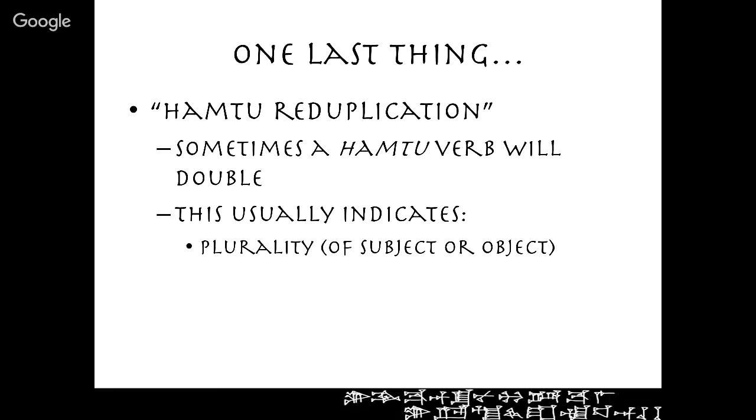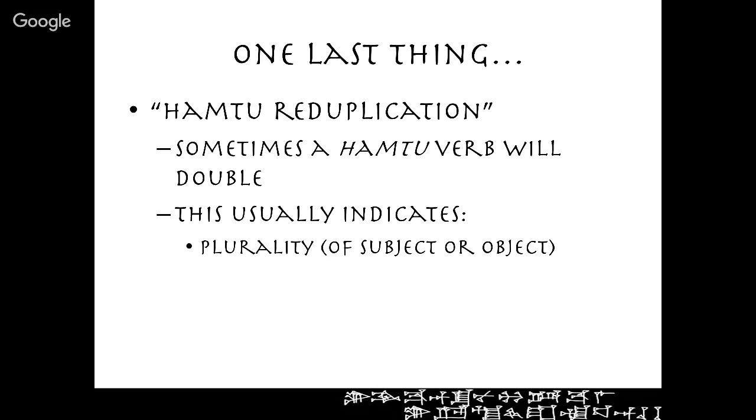Now, if you think about some of the earlier lessons, I think lesson 1 talks about how you form plurals. Sometimes you form plurals by doubling the noun. So lugal would be king, lugal-lugal would be kings, kur would be land or mountain, kur-kur would be all the mountains, or the mountains plural, right? So doubling is one of the ways that they do this. So it's not that surprising that they would double a verbal base in order to show plurality.